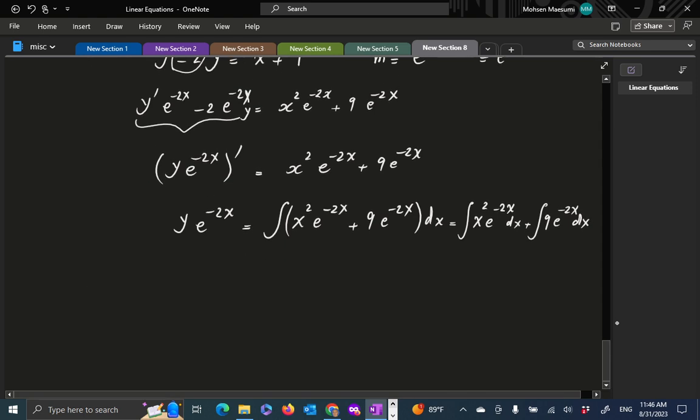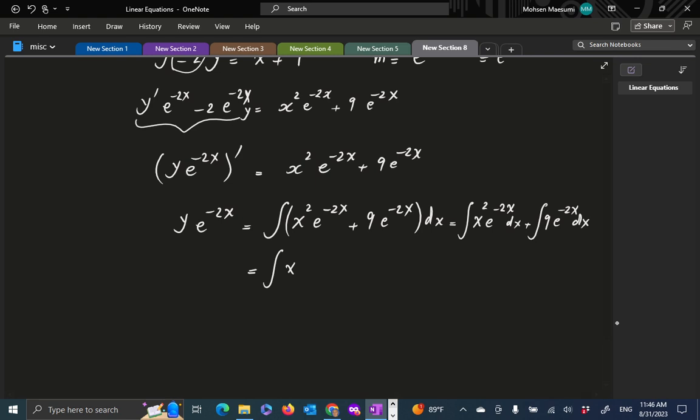Here is our challenge: what's the antiderivative of x squared exponential of minus 2x dx? The other one is easy: 9 exponential of minus 2x over minus 2, and then a constant.